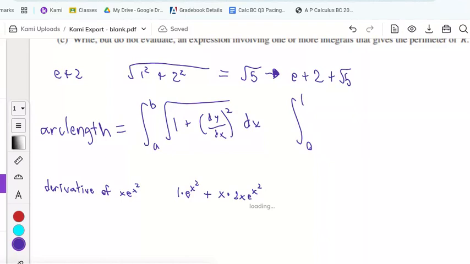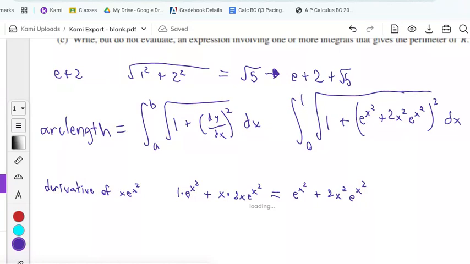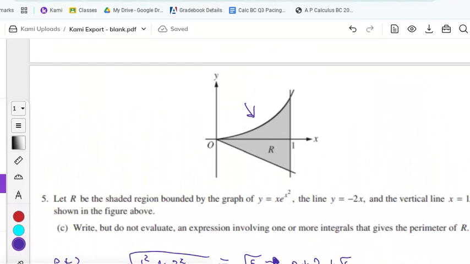To simplify that, we get e to the x squared plus 2x squared e to the x squared. That is our derivative. Now we can plug it back into the integral we were making earlier. This integral right here will represent the arc length of the curve xe to the x squared right here.